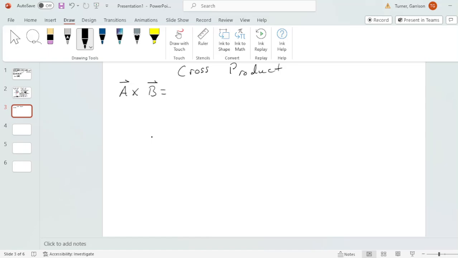The cross product is going to be a component type calculation, and this returns a vector. So whereas your dot product is a scalar, your cross product is a vector. And the calculation looks like this.